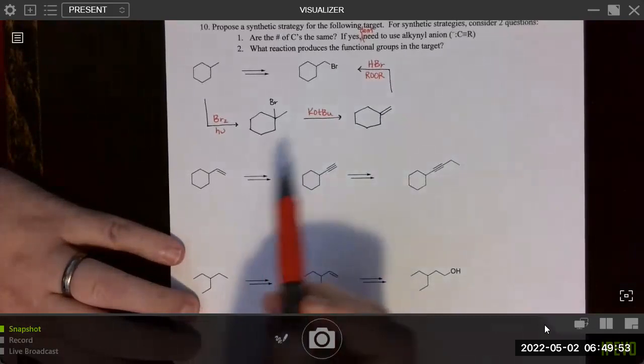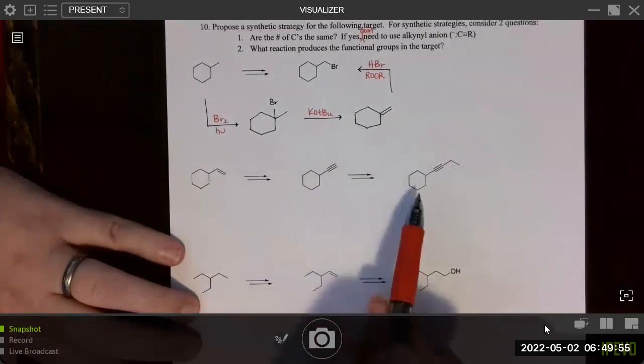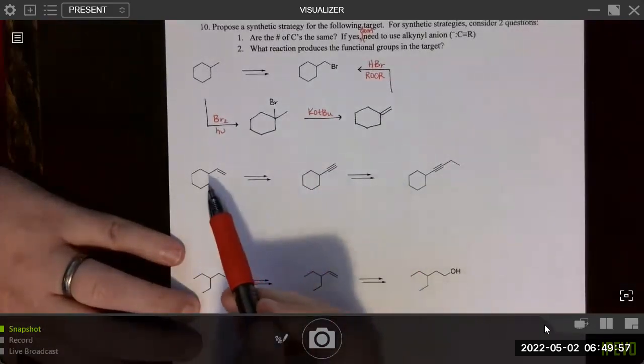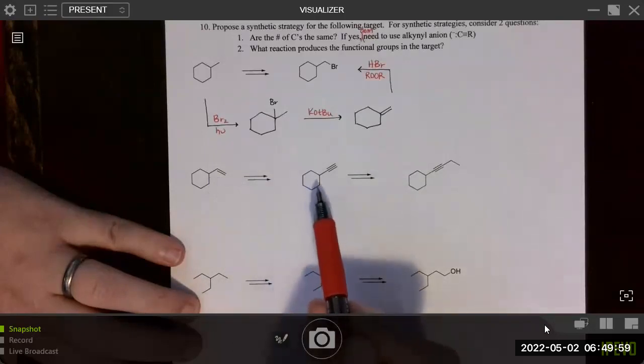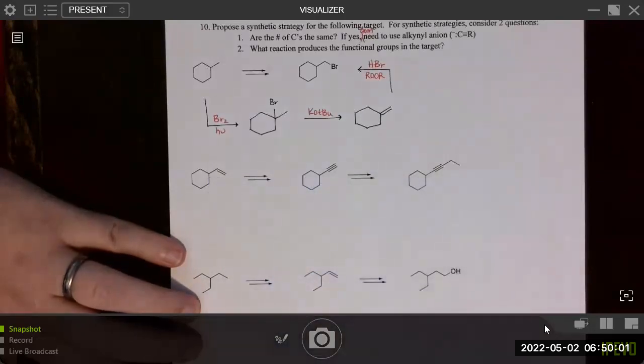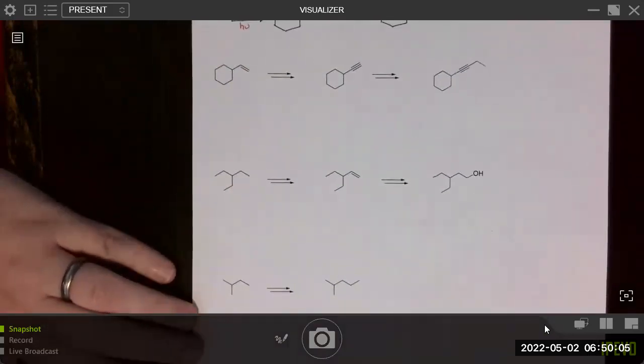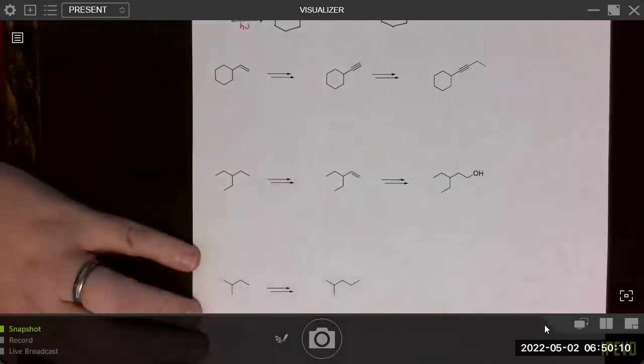In this case, we definitely do not have the same number of carbons. So first we want to convert the alkene to an alkyne, then we want to add more carbons. So we need to go through an alkynide ion to do that.